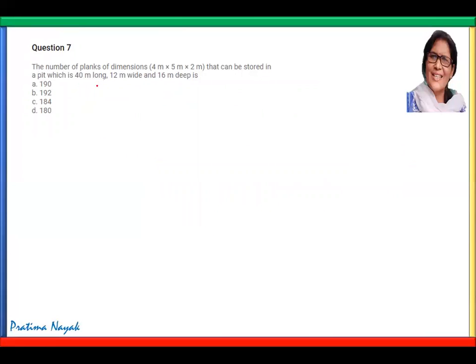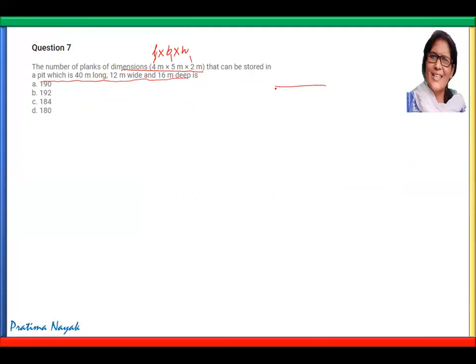Question number 7. A number of planks, dimensions. Dimensions means this is length, this is breadth, this is height. So first one is length, second one is breadth, third one is height. That can be stored in a pit which is 40 meter long, 12 meter wide and 16 meter deep.